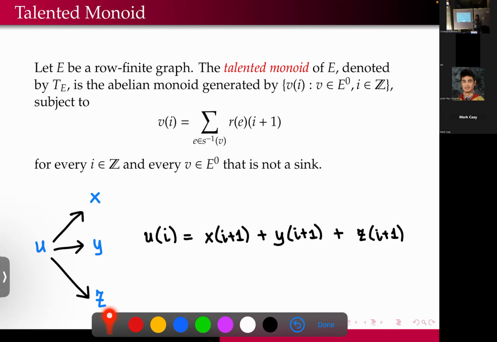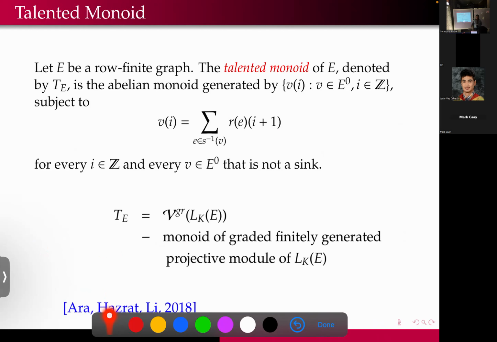So it means if I have U of i, this talented monoid relation tells me that it's going to be equal to X of i+1 plus Y of i+1 plus Z of i+1. So very, very simple. But again, let's make it a little complicated in comparison to the graph monoid earlier.